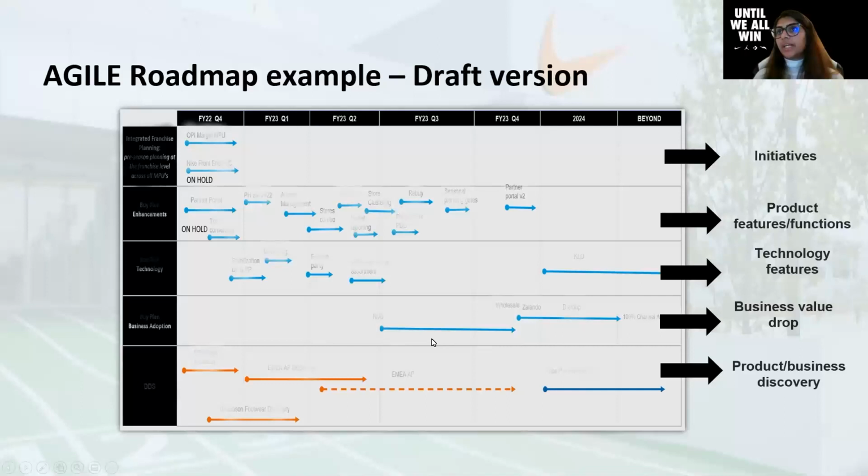And again, in that, you will indicate the value drop at the end of that particular feature or function. So sometimes technology innovation or the business goal about customer engagement can go together to contribute one business value drop. So it's about how you organize.